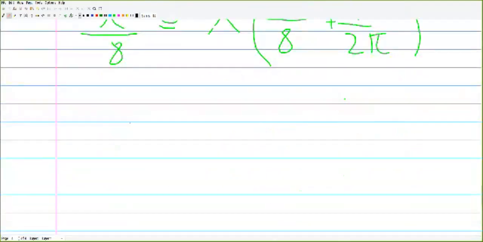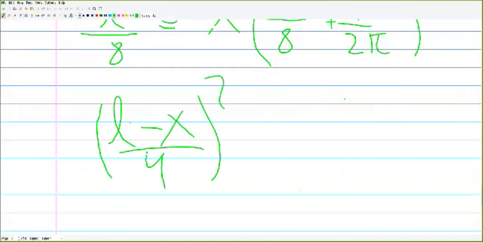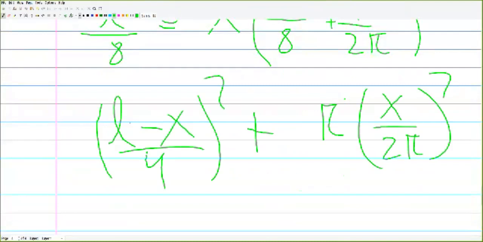And the same thing I have done wrong because I did this only for 1. So we had L. And again we go L minus x divided by 4 squared plus pi times x over 2 pi squared.